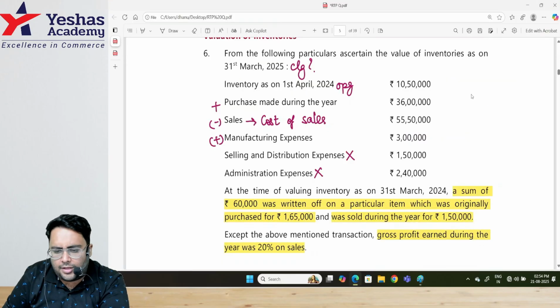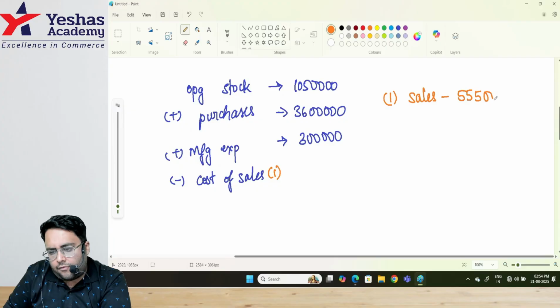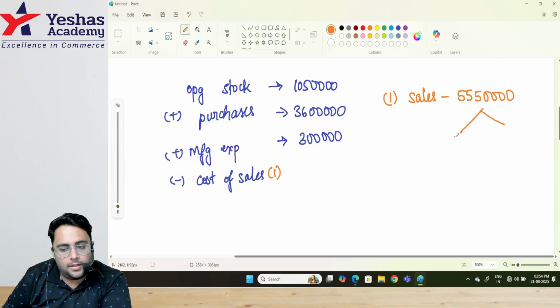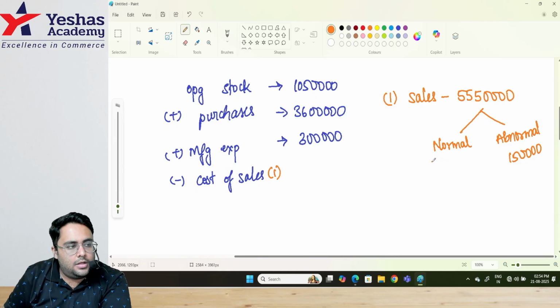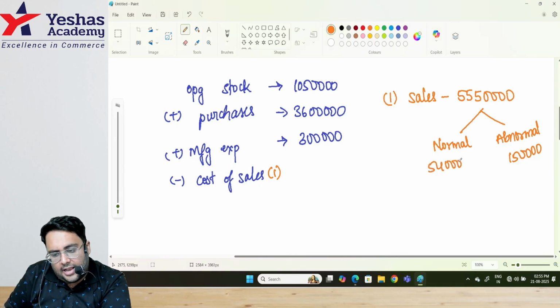55 lakh or 55 lakh 50,000? 55 lakh 50,000. In this, how much is abnormal sale? Your abnormal sale is given as 1,50,000. So what is your normal sale? 55 lakh minus 1,50,000, 54 lakh.